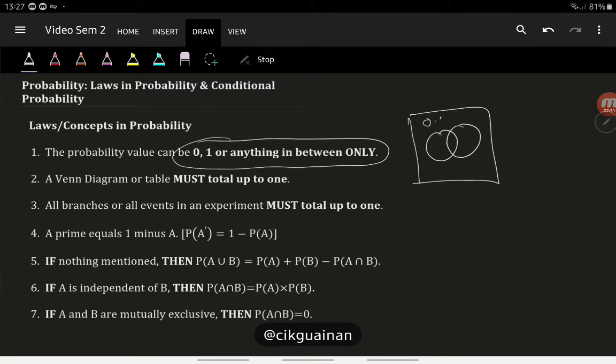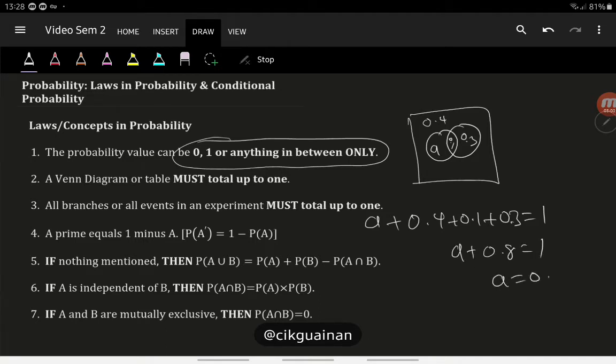If this is 0.4 and this is 0.1 and this is 0.3, how are we going to complete this one? Easy. We just total up 0.4 plus 0.1 plus 0.3 equals 0.8, plus A, the one that we don't know, equals 1.